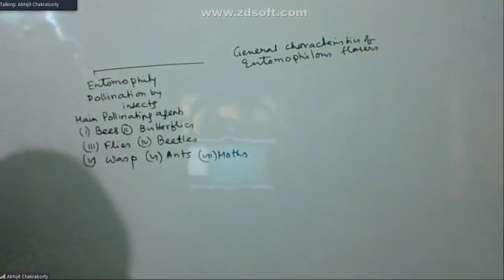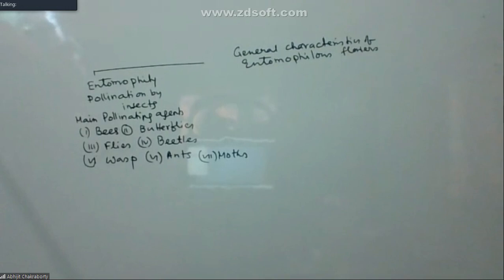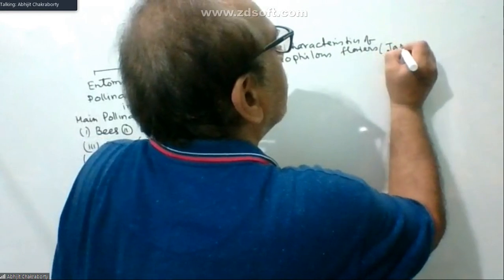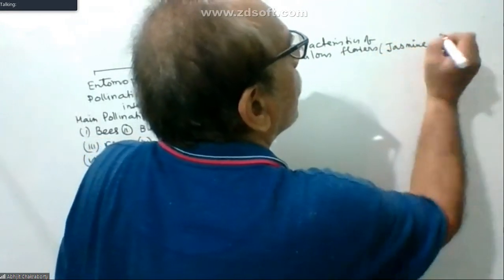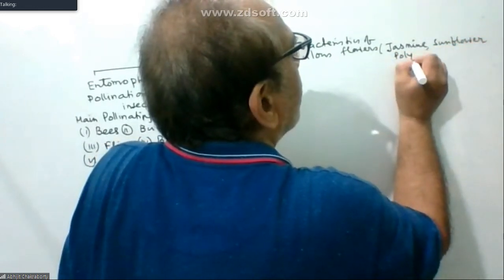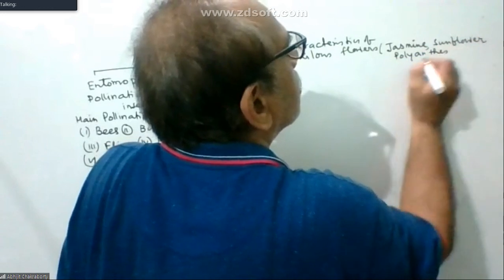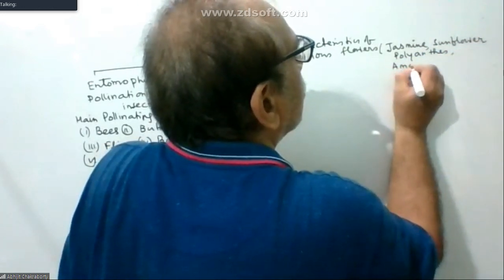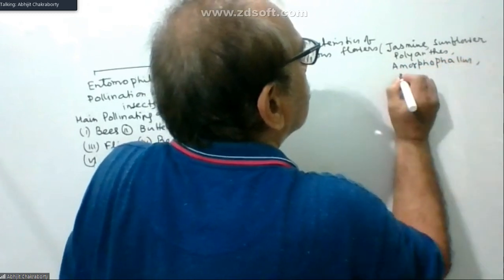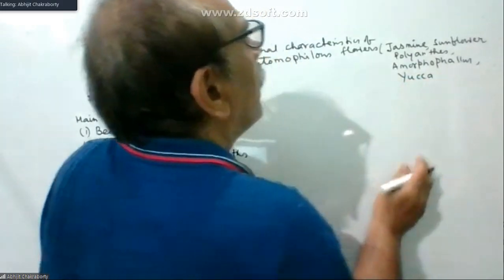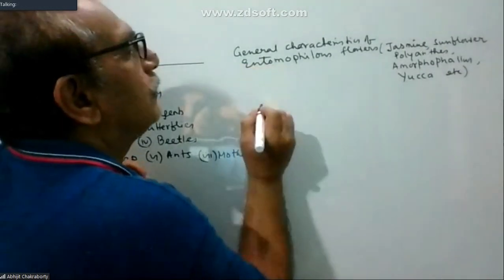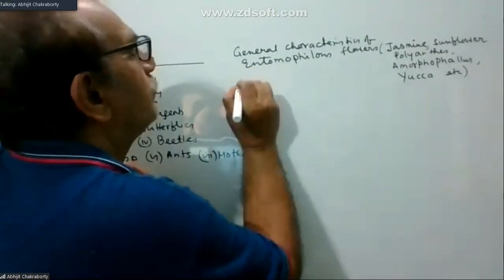General characteristics of entomophilous flowers. Common examples: jasmine, sunflower, polyanthes, Amorphophallus, Musa, etc. Now, first of all, characteristics.